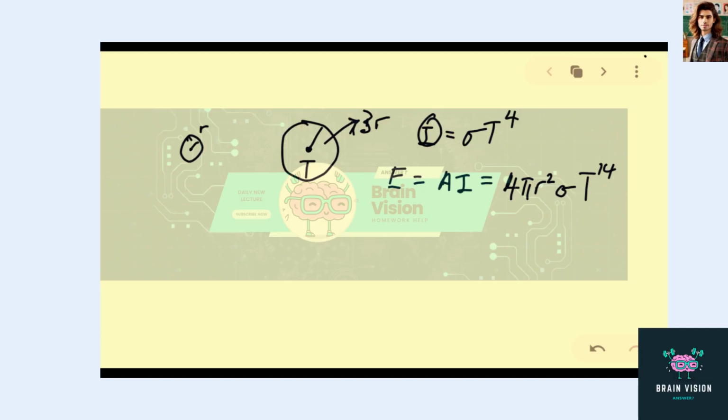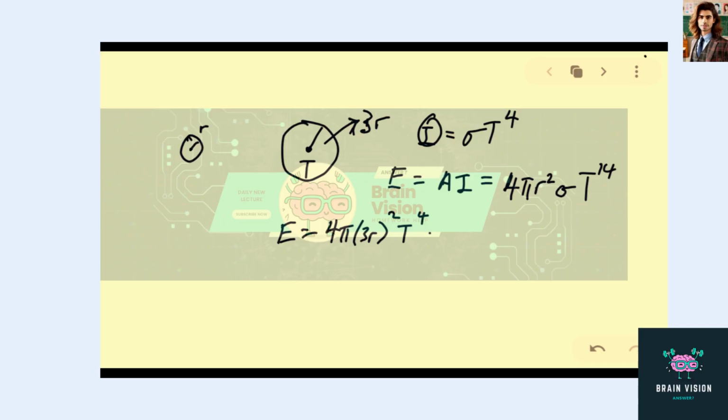We're going to use the cooler star to be T. For the cooler star, the energy irradiated will be 4 pi (3r) squared times sigma T to the power of 4.